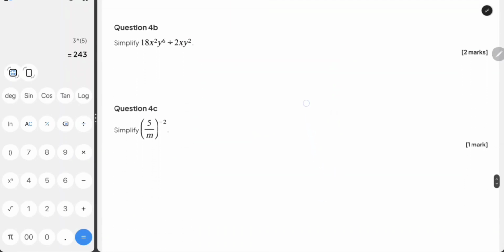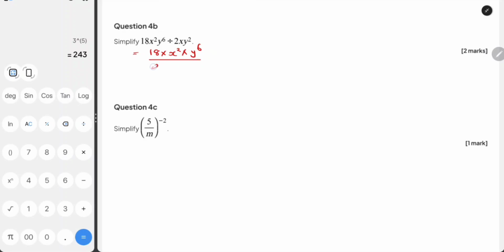B part, there is a division, so first let's write 18 into x to the power 2 into y to the power 6. In division I always prefer to write in the fractional form. Now because 18 and 2 are in division, you can cut them, so you'll get 9 there, and in division with the same base we subtract the powers.